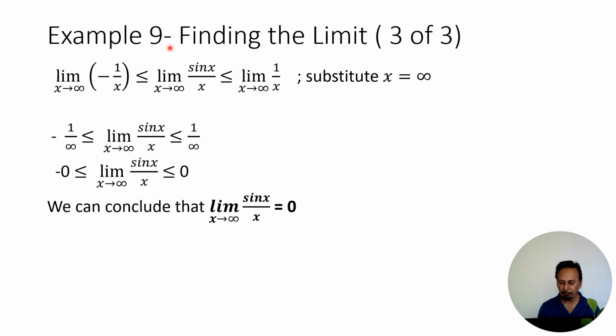This part we know we can't find. So this becomes -1 over infinity, and this becomes 1 over infinity. A number divided by infinity is 0. So the limit of this is between 0 and 0. These two numbers are the same, so we can conclude by the squeeze theorem that the limit of sine x over x as x approaches infinity is 0.